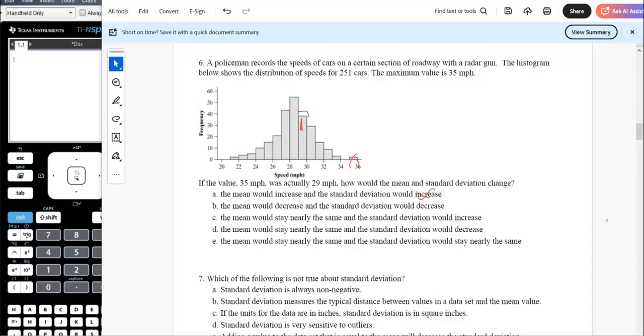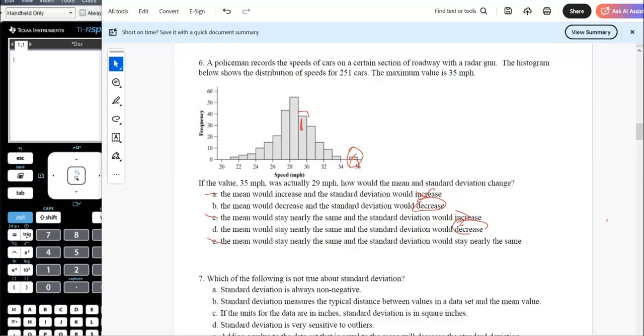It's going to get smaller because we moved this. An outlier or potential outlier has a huge effect on standard deviation. It's going to make it go way up. But if it's closer to the mean, it's not going to increase. It's definitely going to decrease. So standard deviation will decrease. Yeah, so I think we've eliminated everything but B or D.